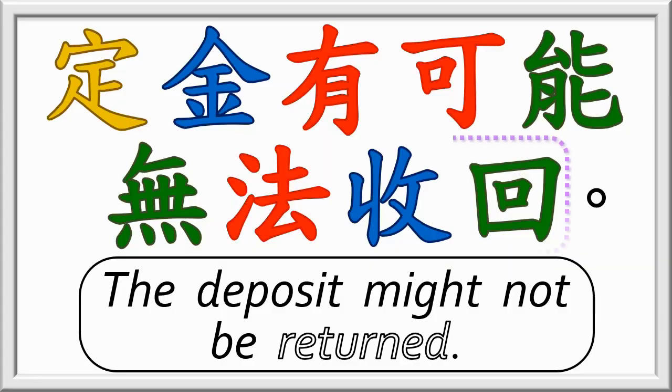Speaking of 收心, or getting back to normal, we might also want to get other things back, such as money or even words spoken in haste. For this meaning, 收回 is the phrase to use. 定金有可能无法收回.